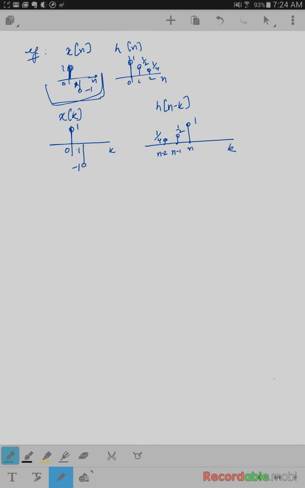So now what you can do is, let's take n equals minus 1.